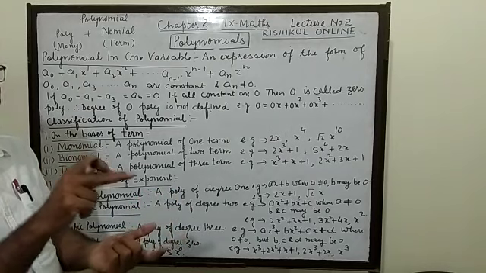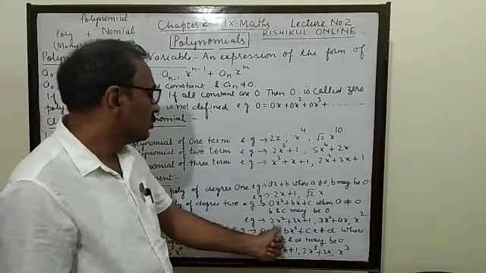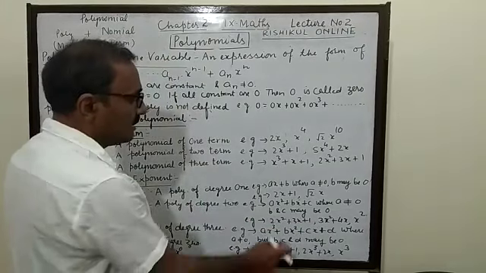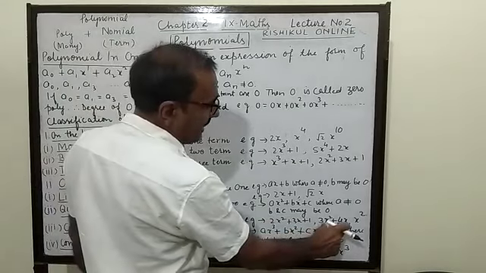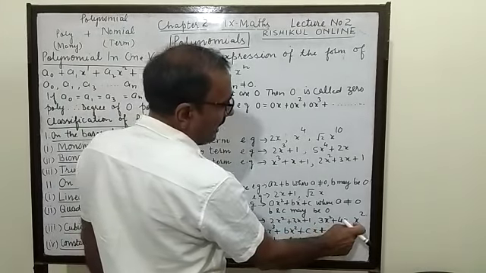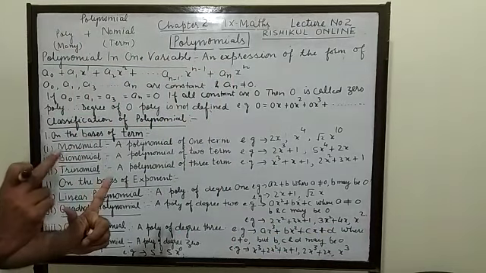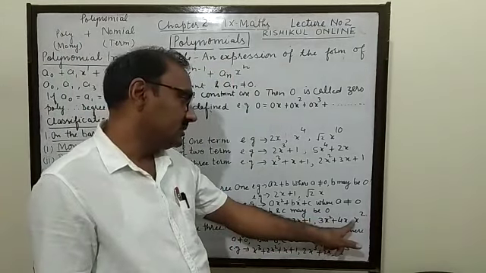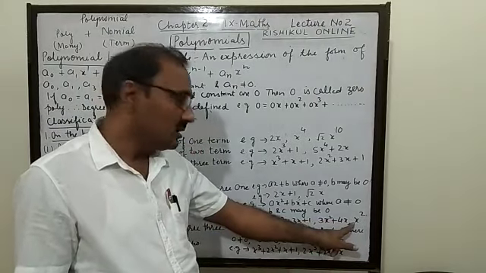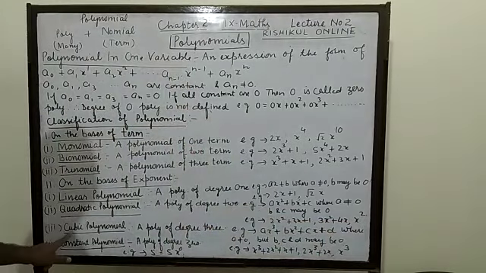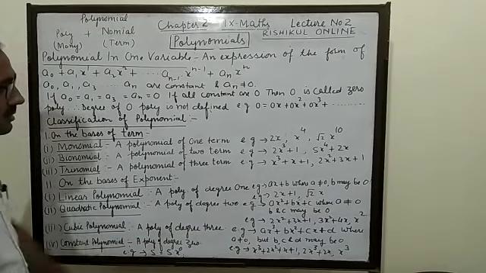There is no quadratic term. So a is not equal to 0. For example, 2x square plus 3x plus 1 is a quadratic polynomial because the highest degree is 2. X square is also a quadratic polynomial because the coefficient of x square is 1 here. Clear?